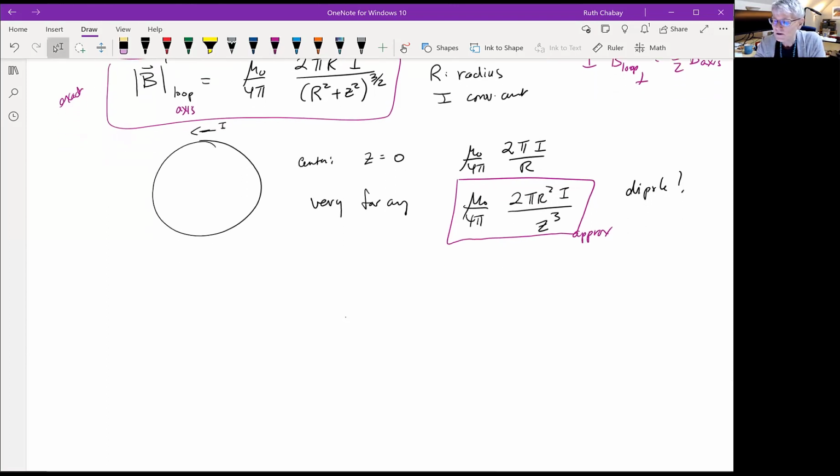So remember that when we talked about electric dipoles, we talked about the dipole moment.